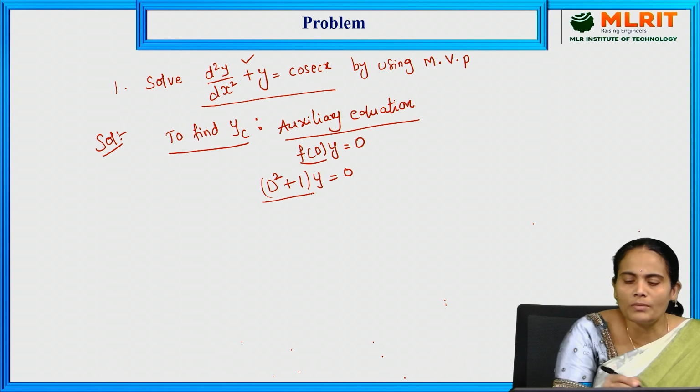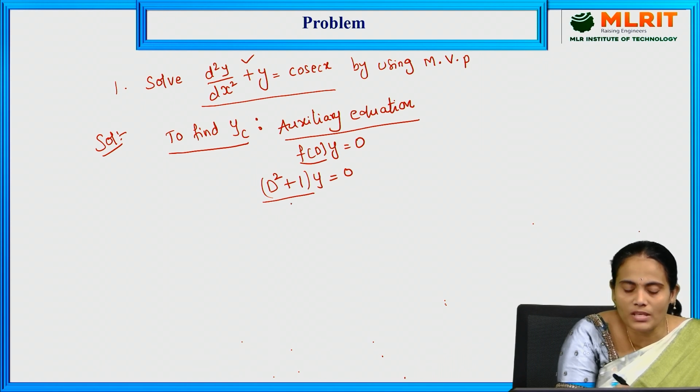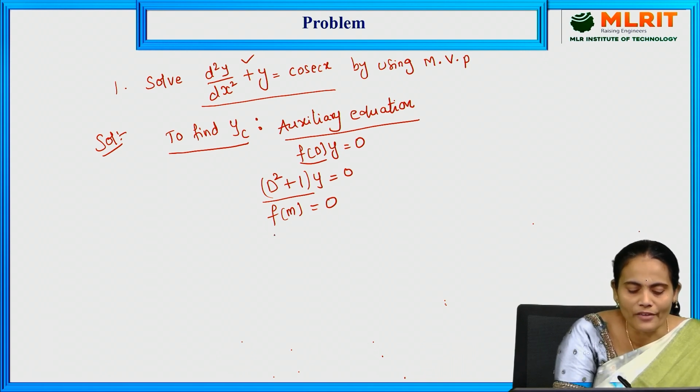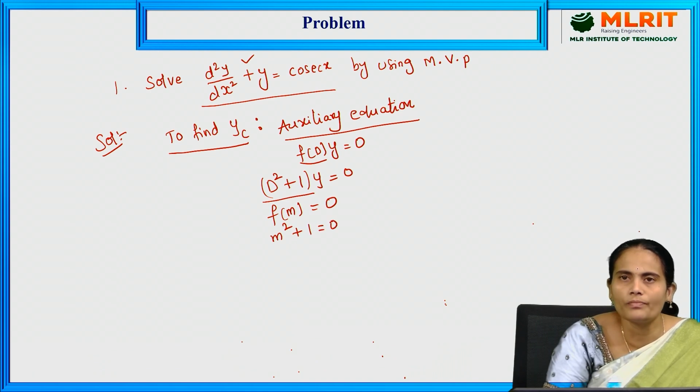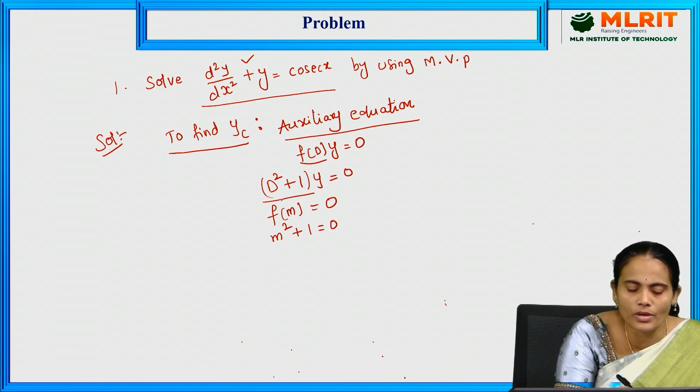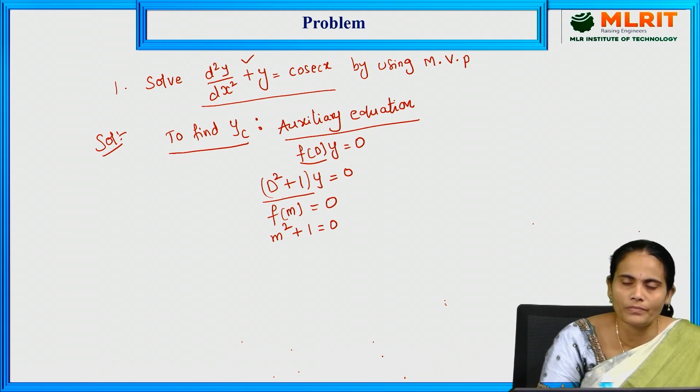The algebraic equation of f of d is f of m is equal to 0, that is, m square plus 1 is equal to 0. How did we get this m square plus 1? We already have f of d, which is d square plus 1. In this place we substitute d by m. So that is the algebraic equation.